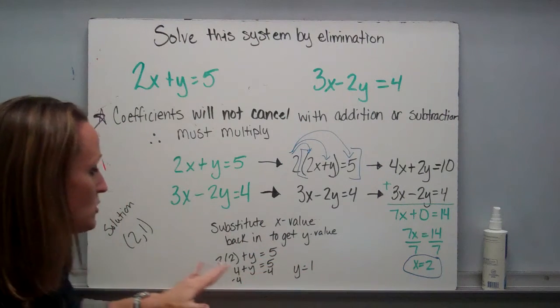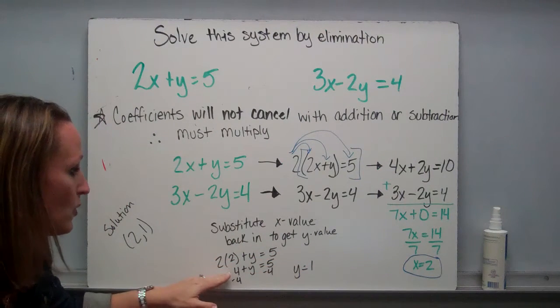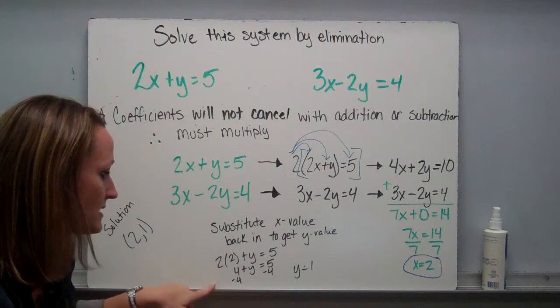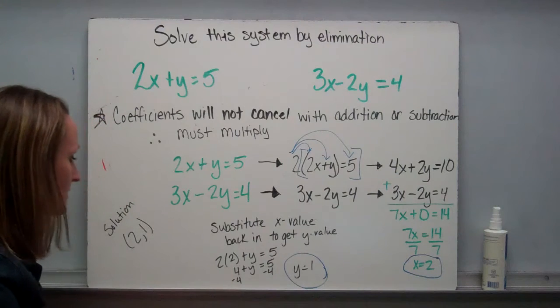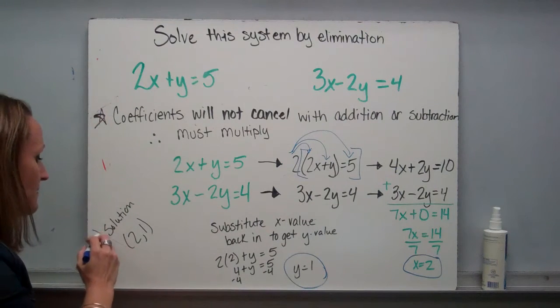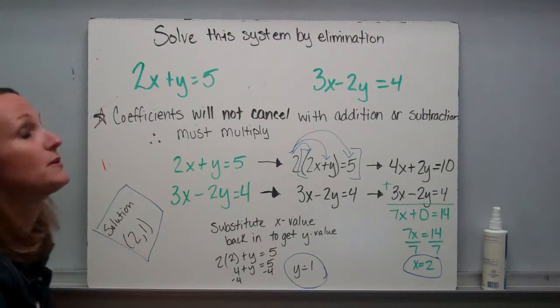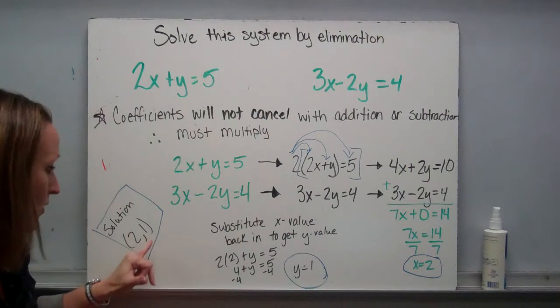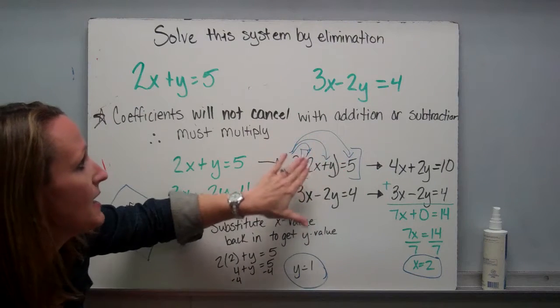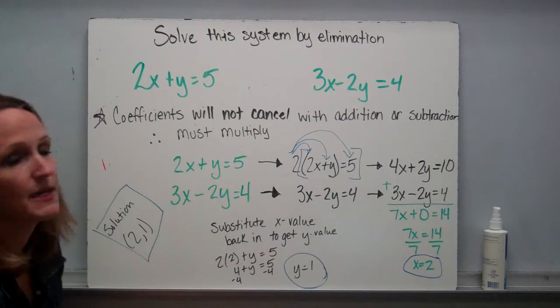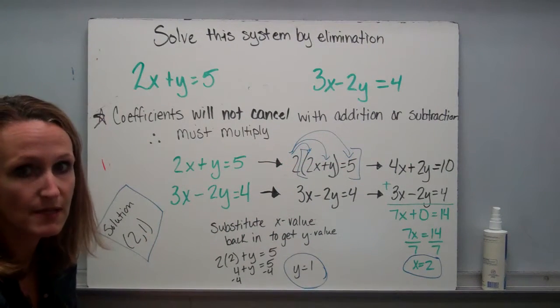So if I take this 2 and plug it in here, 2 times 2 is 4, plus y equals 5. When I subtract 4 from each side, I find out that my y is going to equal 1. So my solution is that these two equations would touch at (2, 1). Okay, so recap what I did. I multiplied my entire equation by 2 to make it so that I had coefficients that would cancel out.